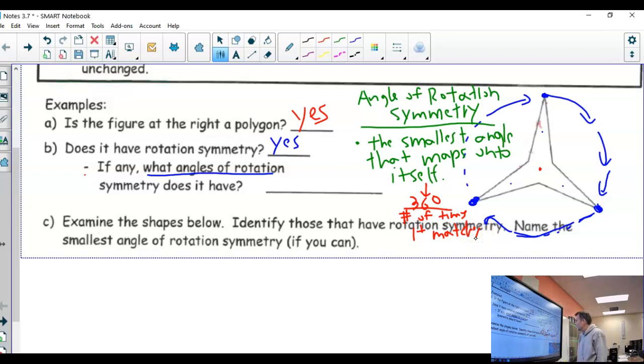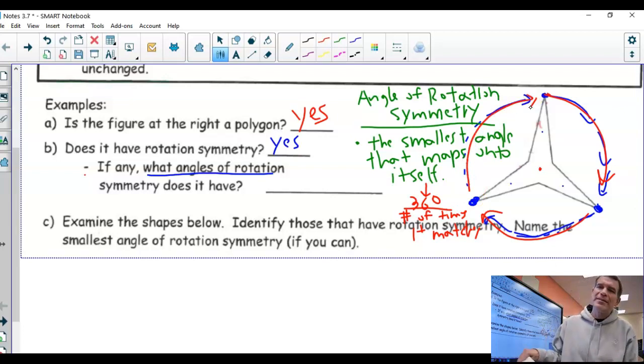All right, so this one actually matches 3 times. It matches once when it gets here, it matches a second time when it gets here, and of course it matches a third time when it goes all the way around. So there are 3 separate positions where it would match up.